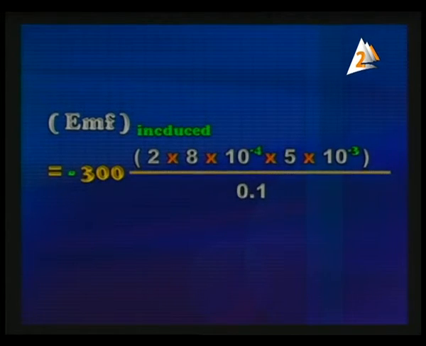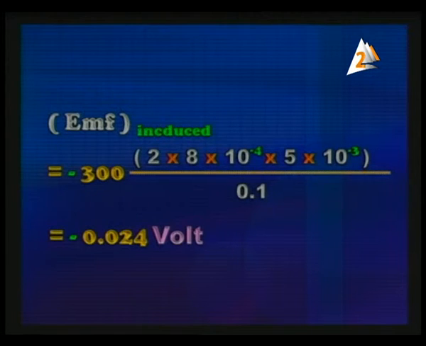Faraday's law, EMF induced in this case will be equal to negative, the sign which indicates Lenz's rule, number of turns 300, between two brackets, 2 times 8 times 10 to the power of negative 4 times 5 times 10 to the power of negative 3, and time is given to be equal to 0.1. So EMF is equal to negative 0.024 volt. Your attention: when the coil is reversed, delta phi magnetic equals 2 phi, and phi is equal to the product of area and flux density.